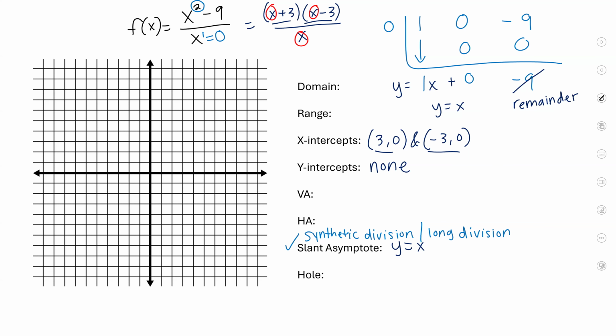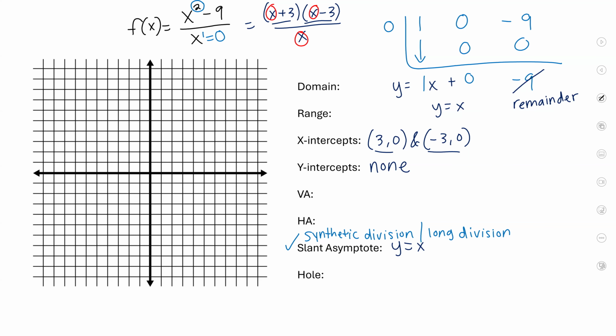Let's do another example. We'll do f of x equals 3x squared minus 7x over x minus 3.